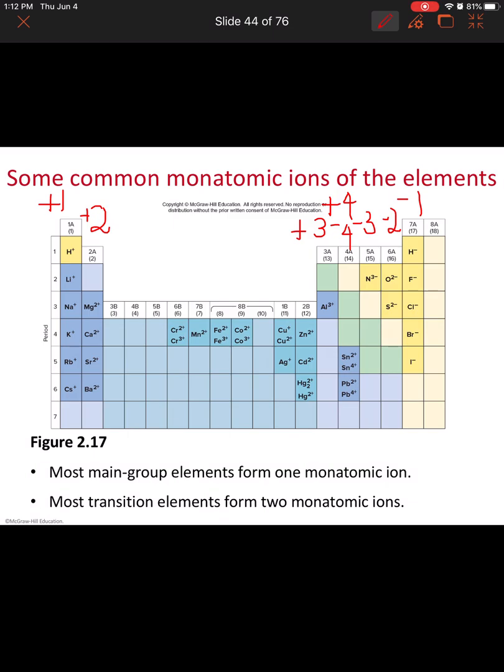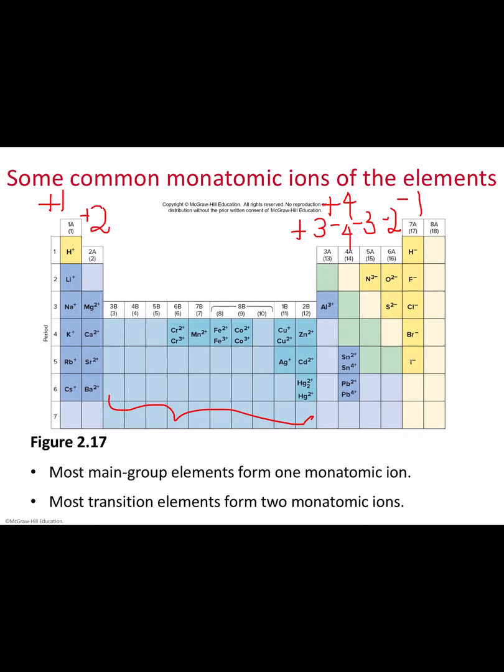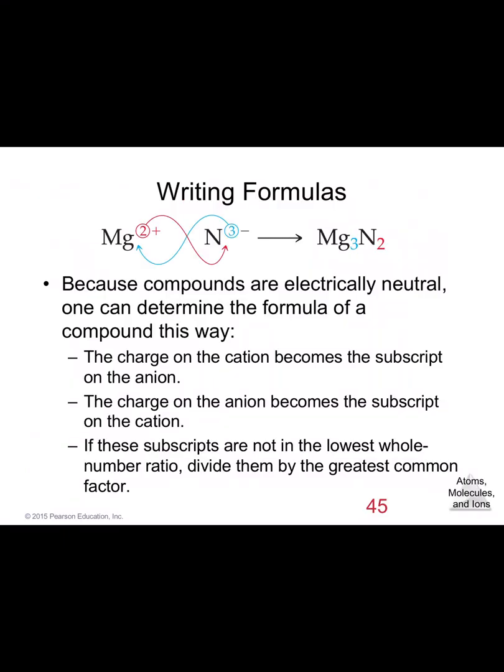For groups 1A and 2A, their oxidation numbers don't change, whereas the transition elements, which are these, you can see they have more than one type of charge. Most main group elements form one monoatomic ion. Most transition elements form 2 monoatomic ions. You can see these; some of these make 2 ions.